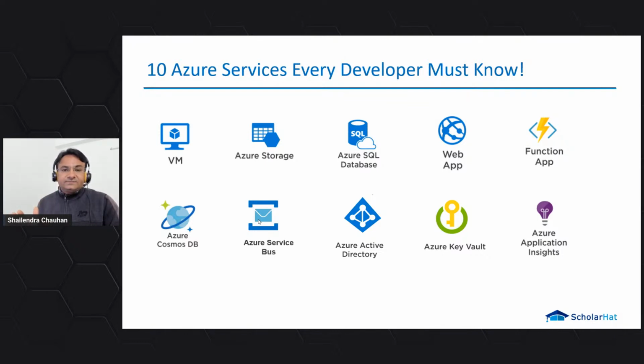At each request level you can monitor things and look into the application so that you can decide which requests you need to optimize so that the performance of the application can be improved. So these are, I feel, the 10 most important services as a developer you must know.